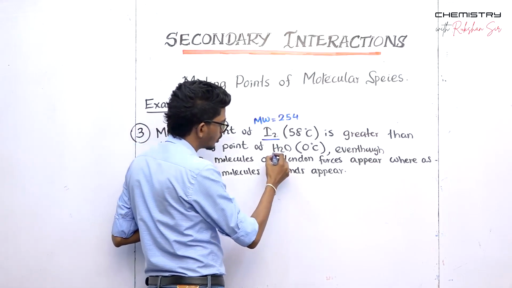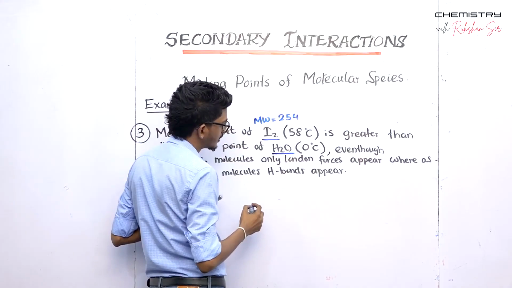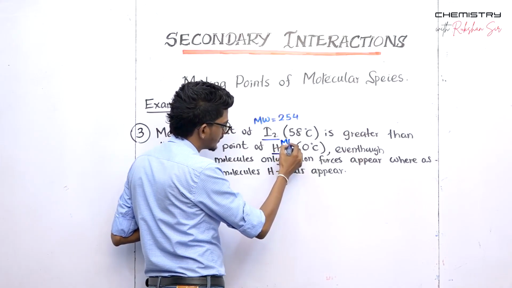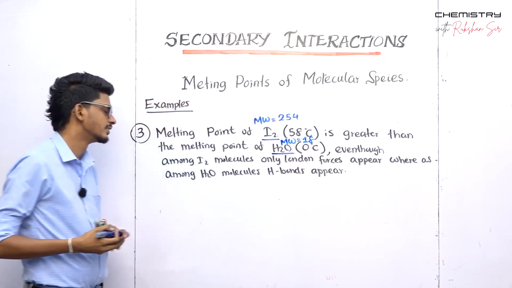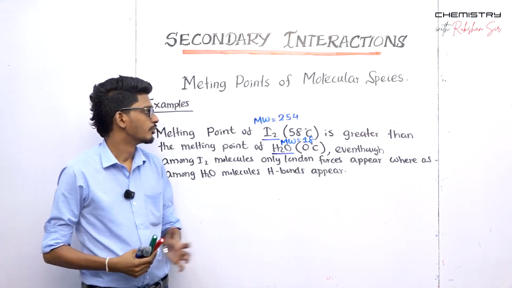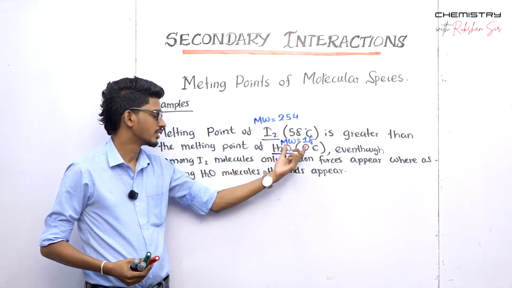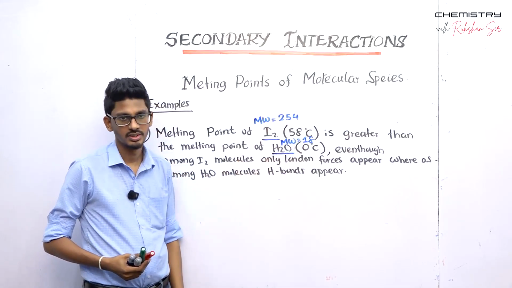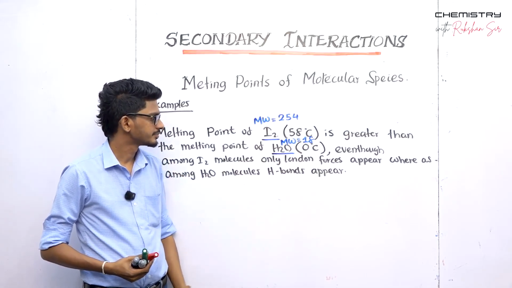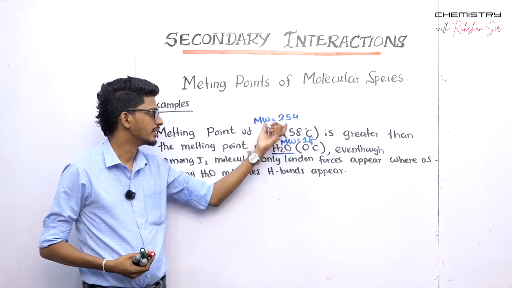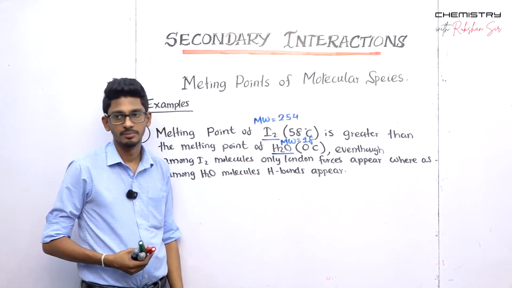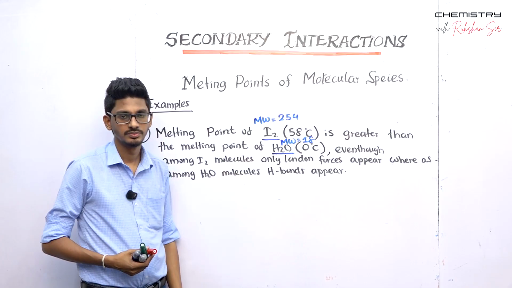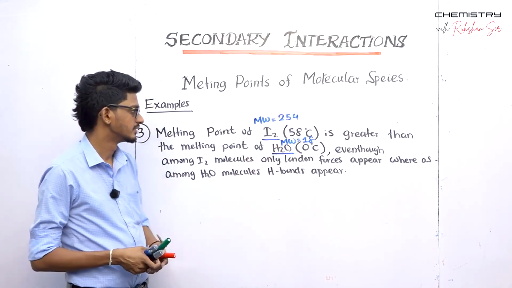When it comes to H2O, its molecular weight is 18. So you clearly see this molecular weight is a very high value compared to this one, exceeding 50 units. So the variation will then depend on the molecular weight. Greater the molecular weight, greater will be the melting point. That is the idea here.